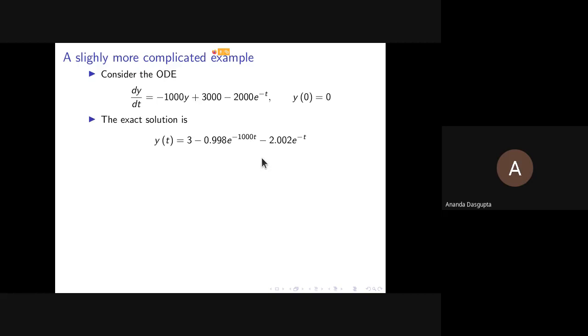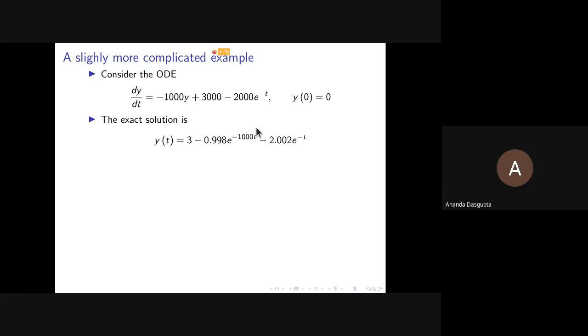Is that okay with everybody? However, e to the minus 1000t is exactly what makes this term vanish at y equal to 0, at t equal to 0. If you just ignore this, at t equal to 0, you will end up with 0.998. Right? Is that okay?